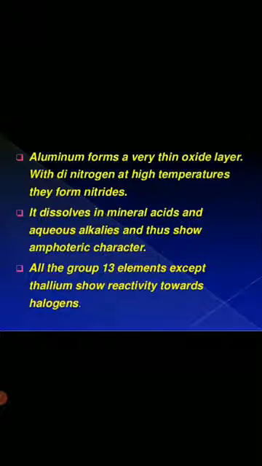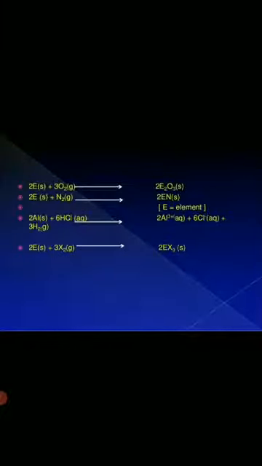Aluminium forms a thin oxide layer with dinitrogen at high temperature. They form nitrides. Aluminium dissolves in mineral acids and aqueous alkalis and thus shows amphoteric character. All the group 13 elements except thallium show reactivity toward the halogens. So this is a general equation, E plus O2, where E stands for the elements of the boron family.